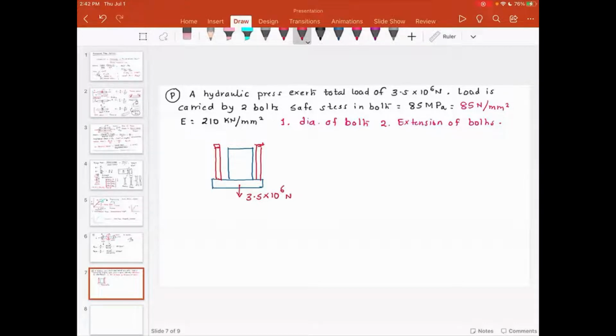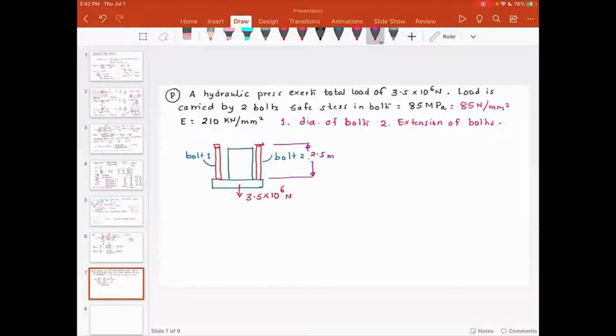This is a large amount of force. And there are 2 bolts. This is bolt 1 and this is bolt 2. We assume both the bolts have circular cross section. They are of same length, and the length is shown in the figure. This length is 2.5 meters. So each bolt is 2.5 meters.